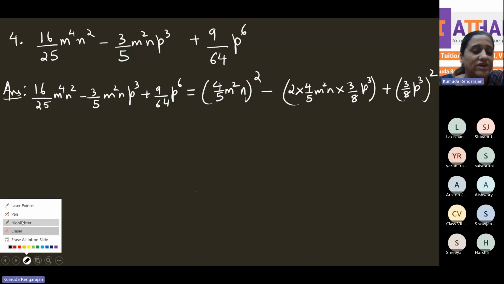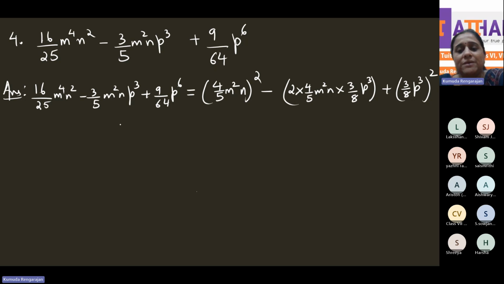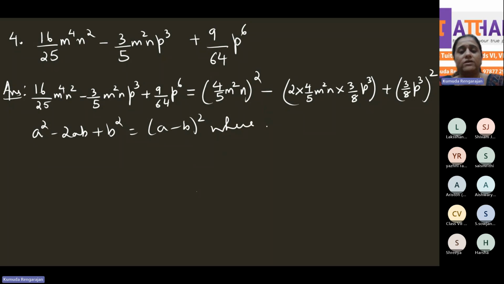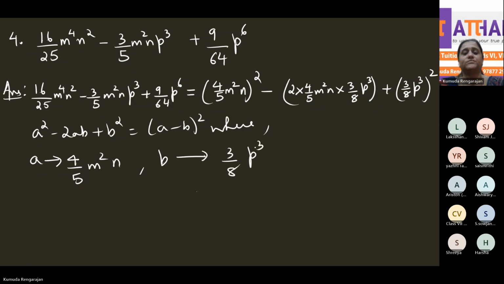So you have checked. The given expression can be written in the form a square minus 2ab plus b square, which is a minus b the whole square, where a is 4 by 5 m square n and b is 3 by 8 p cube.